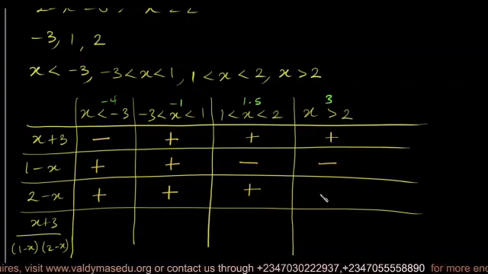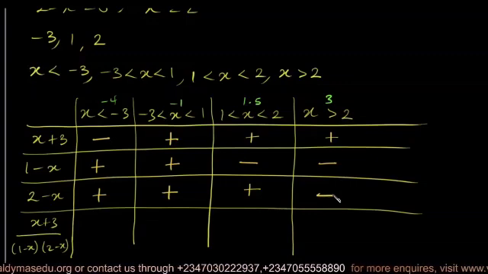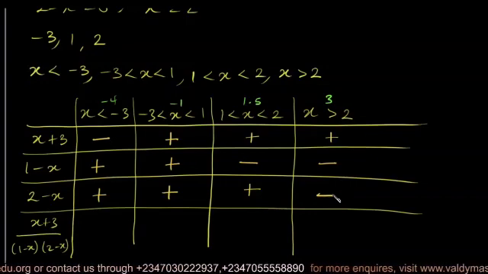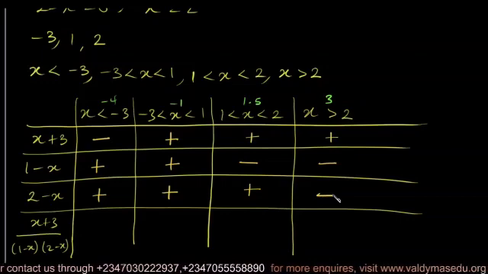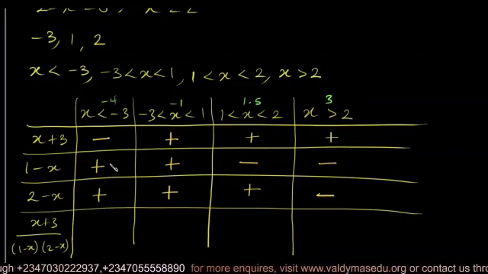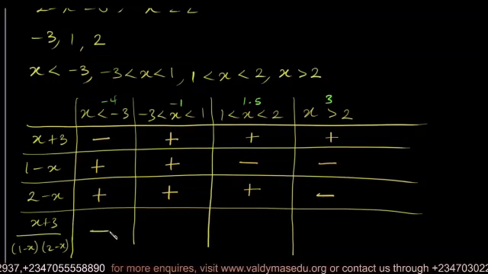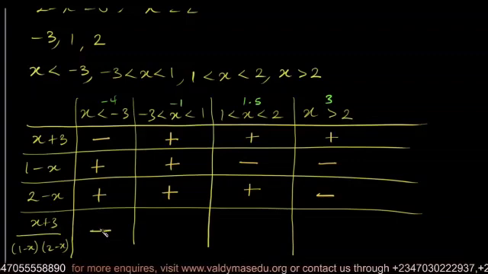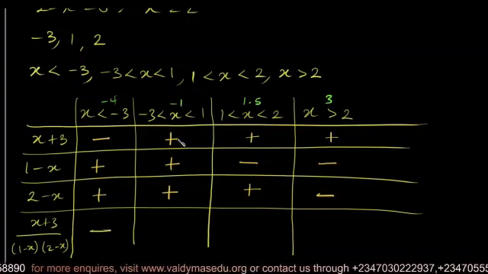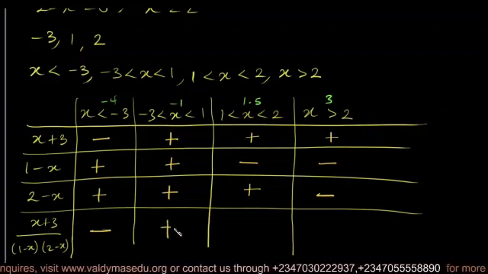Then to get the total expression, you multiply. Minus times plus is minus, times plus is minus. So you write minus. The next one, plus times plus times plus, plus.